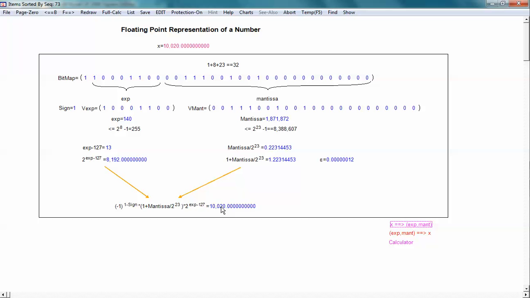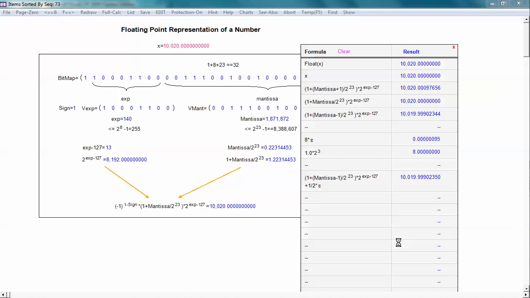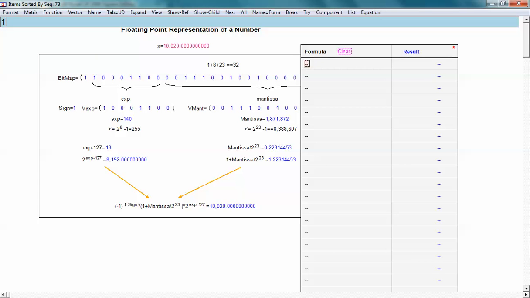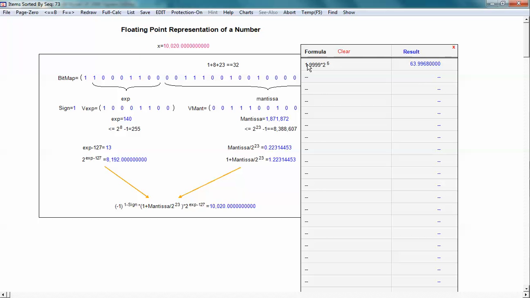Well, before we do that, I want to point out one thing. Let's clear this. I think we're through with all this. If I have a number of this form, 1.9999 times 2 to the 5th, say, suppose I didn't know that it was exactly this form.